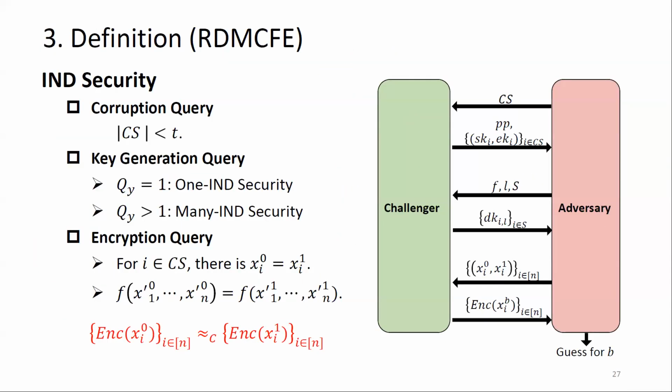Suppose that there are some users who go offline. In that case, they are not in the corrupted set, and they are not in the set S either. So you need some restriction on the non-corrupted users not in the set.